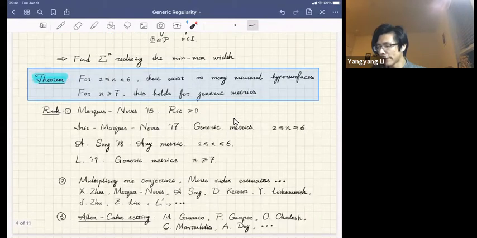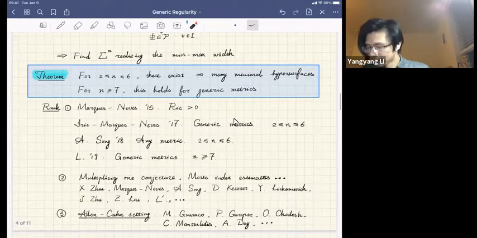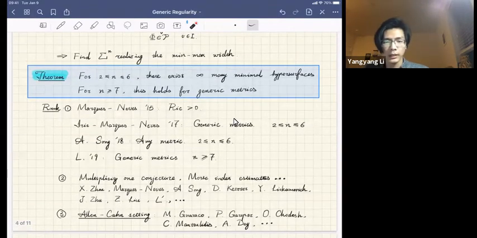And many mathematicians have worked on this setting and obtained similar results in this direction, say Marco Guaraco, Pedro Gaspar, Otis Chodosh, Christos Mantoulidis, and so on. Yeah, this is not a complete list. Okay, so these are the existing results on minimal hypersurfaces.